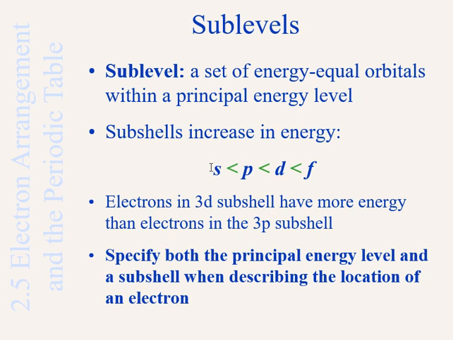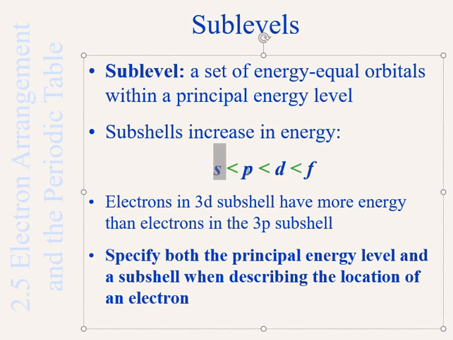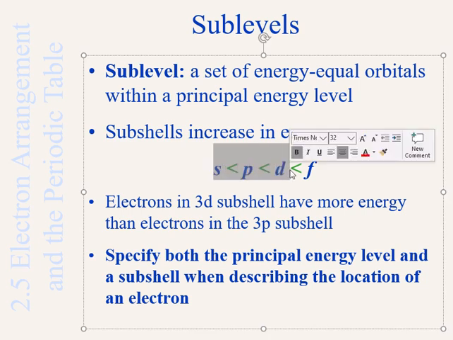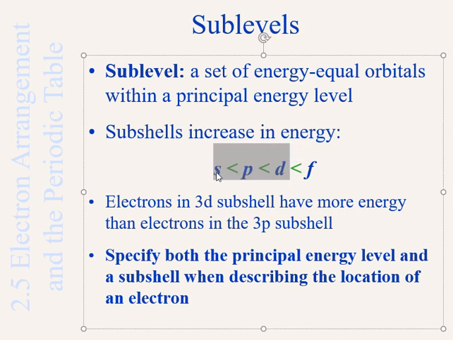And so the 3 sublevels found in n equals 3 are the s, the p, and the d. So if you have an electron in the s sublevel and the d sublevel, which one would have higher energy? The electron in the 3s or the 3d? If you said 3d, that's right, because the d sublevel is higher in energy.